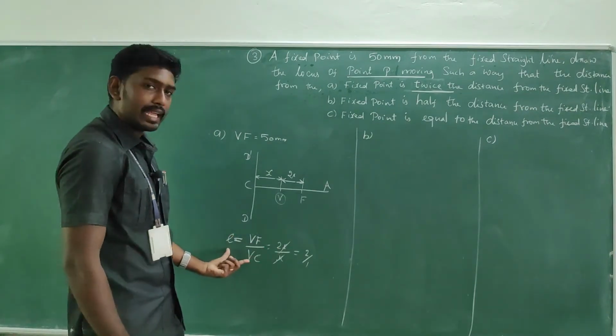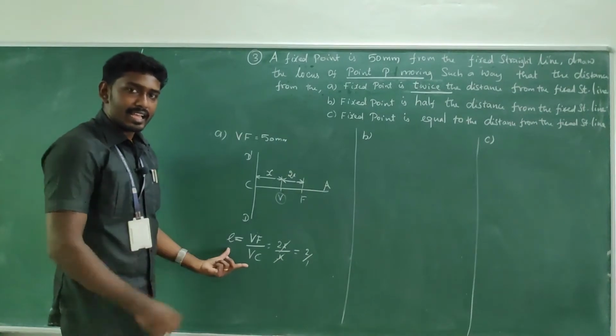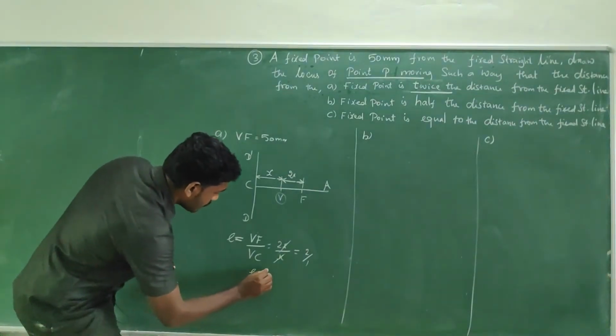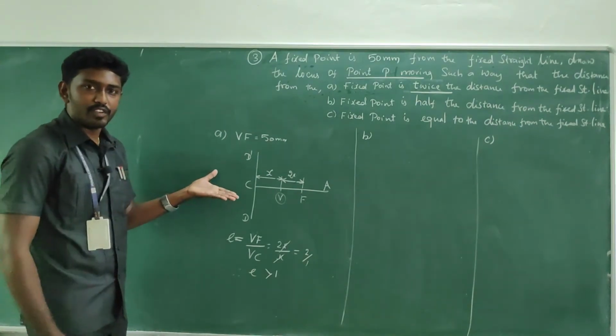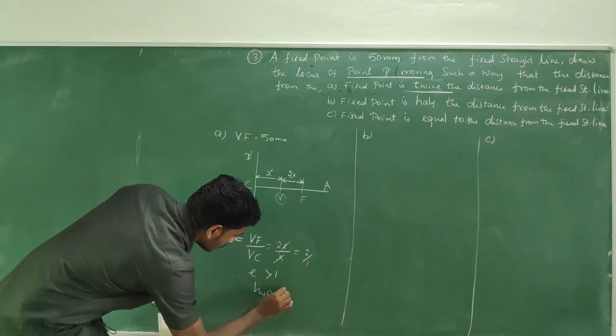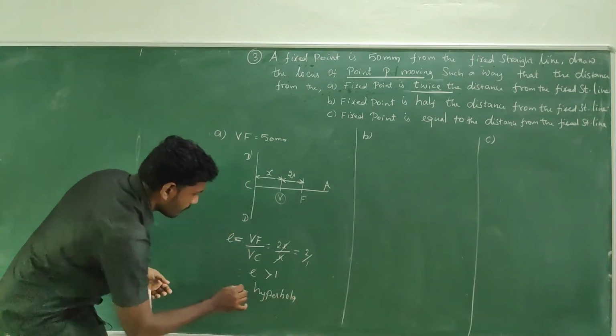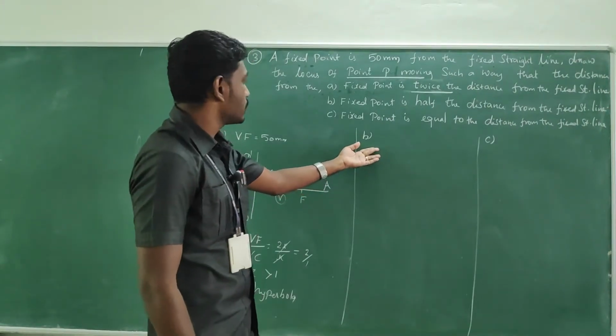What about this E? Whether it is less than 1 or greater than 1? It's greater than 1, right? E is greater than 1, so the given curve is a hyperbola, right? We shall move to the next one, the second case, right?